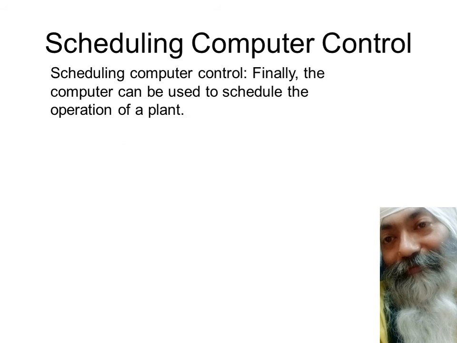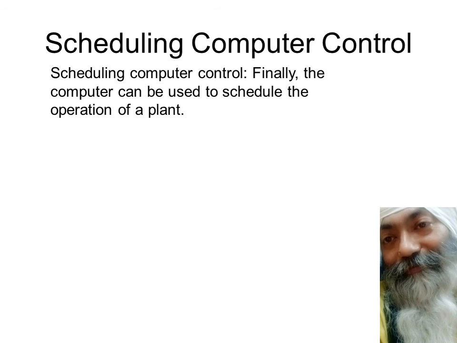Coming to the third kind of computer control, which is not exactly in our scope of the syllabus, but just touching upon, we have scheduling computer control. So the computer can be used to schedule the operation of the plant. Scheduling is different from optimization.